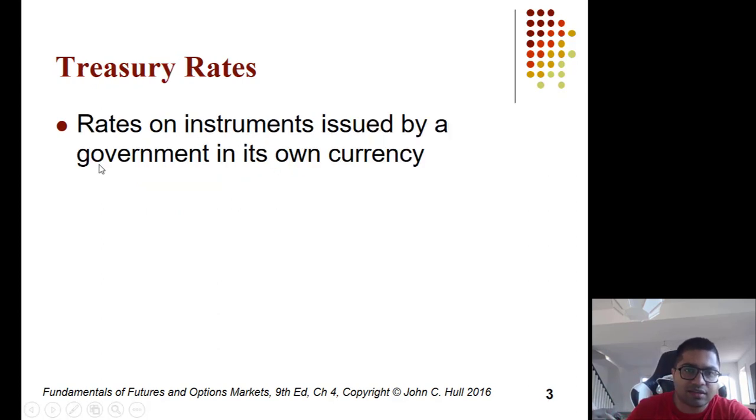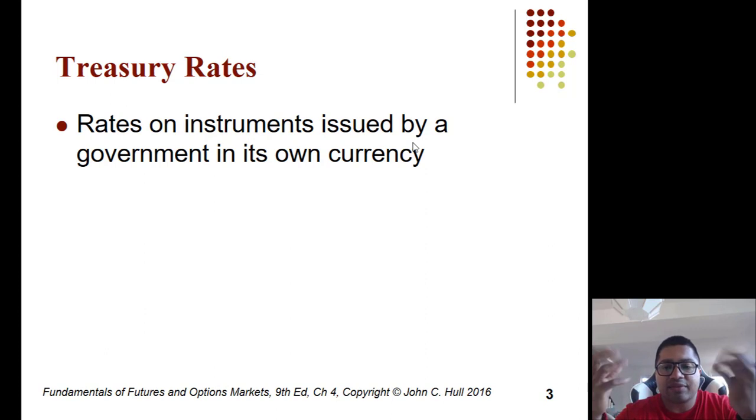So let's start. So first is treasury rate. Treasury rates are on instruments that are issued by a government in its own currency. For example, we are in Canada, so for us the treasury rate will be whatever rate we are getting on Bank of Canada treasury bills and treasury bonds, because Bank of Canada would issue bonds and bills in the same Canadian dollars that we are using.